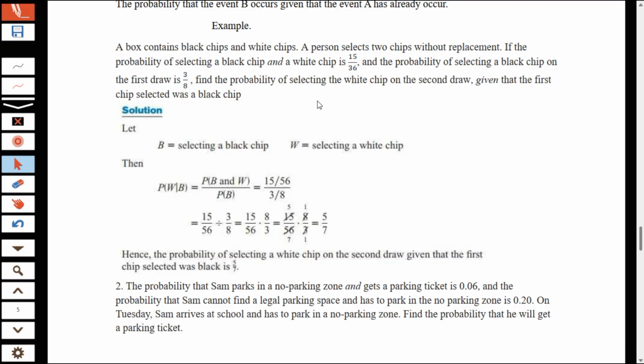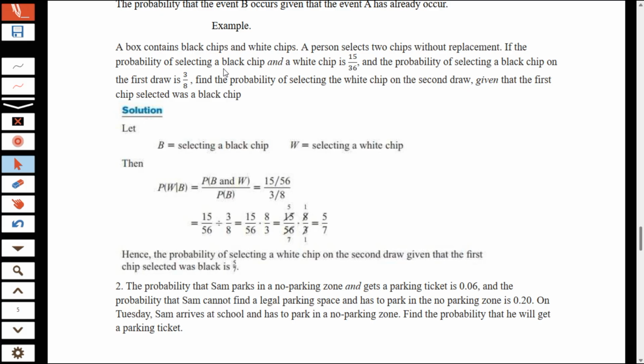But first, let's walk through gradually for us to really understand the word problem that has been given to us. We said a box contains black chips and white chips. So here we use B to represent a black chip, and we use W to represent a white chip. And then we are saying that a person selects two chips without replacement.